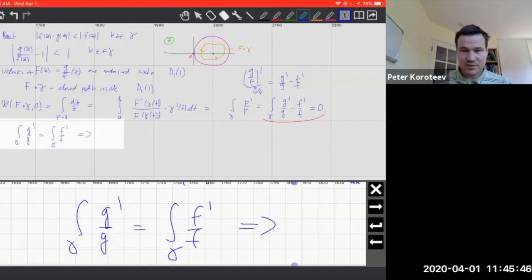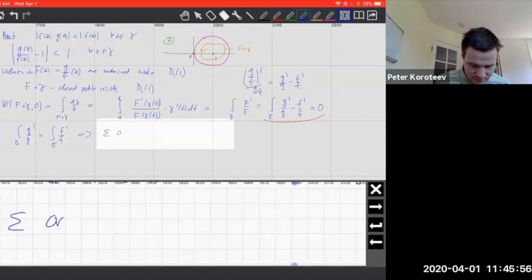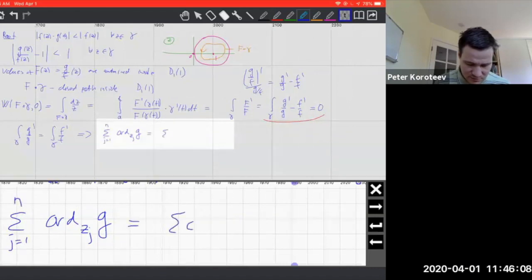And then because of the theorem from the beginning of the lecture, the theorem about logarithmic derivatives, the sum of orders of G at z_j, j equals 1 to, say, n, should be equal to the sum of orders of F at some points.